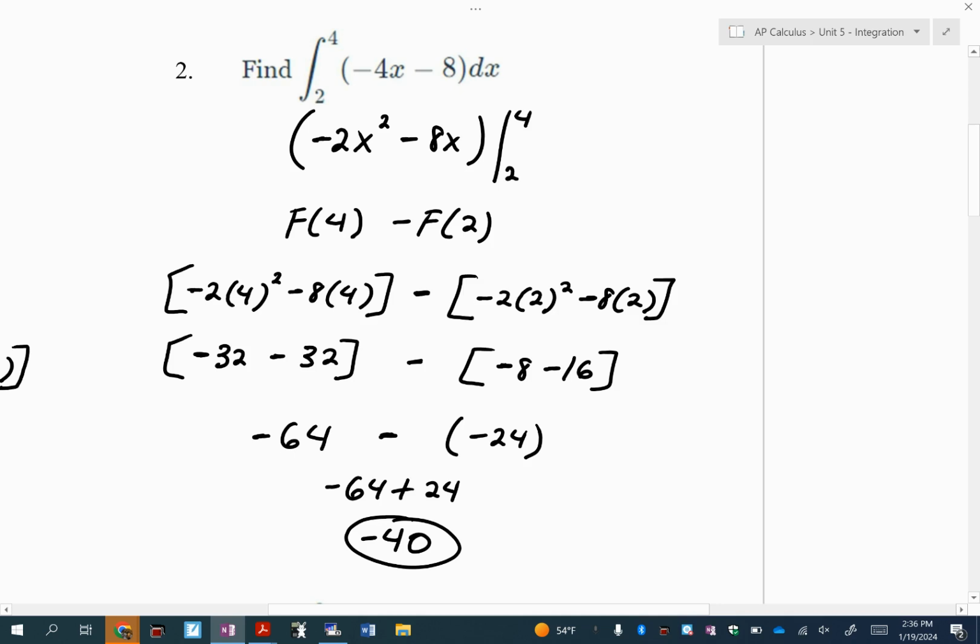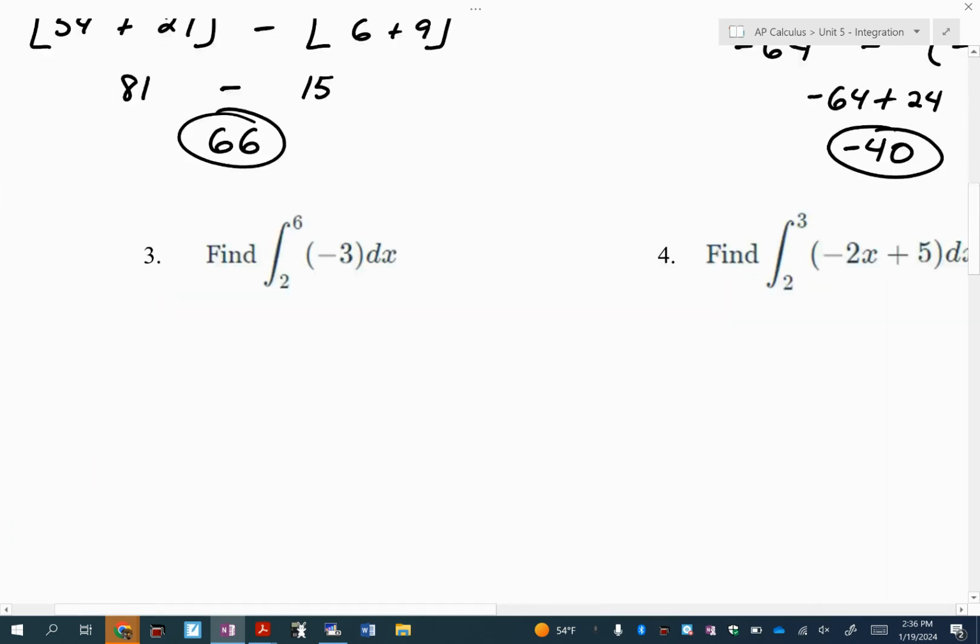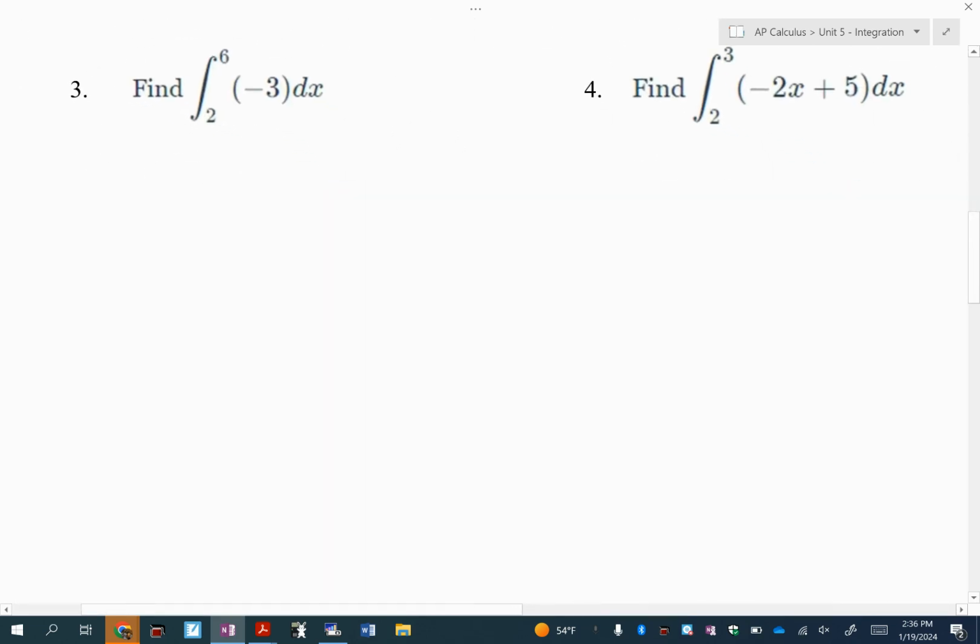Okay, let's do 3. Here we go. We have the integral from 2 to 6 of negative 3 dx.